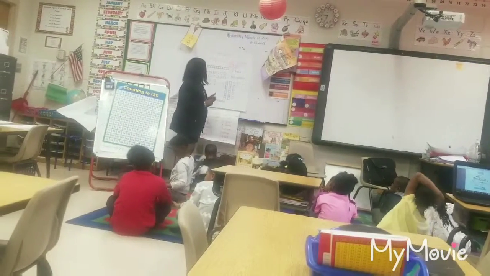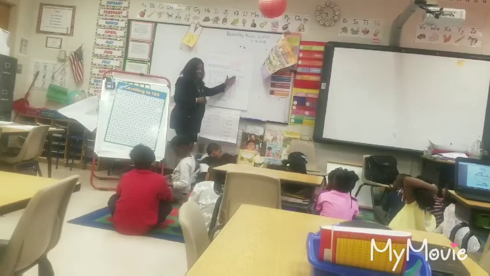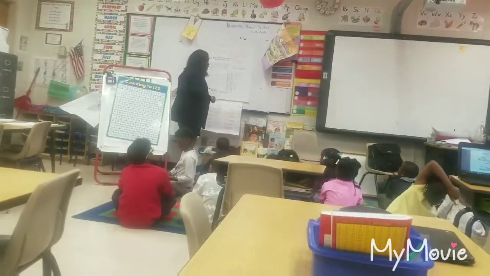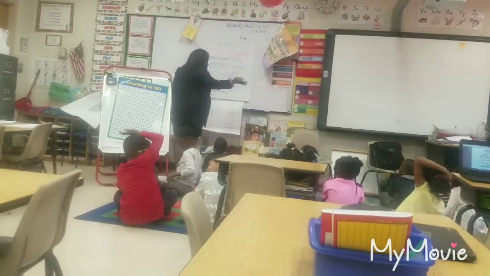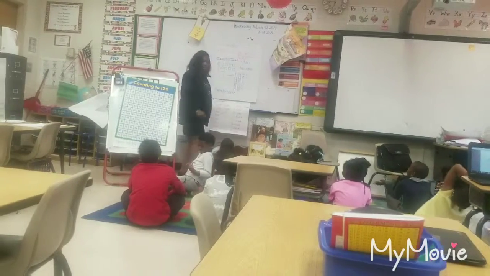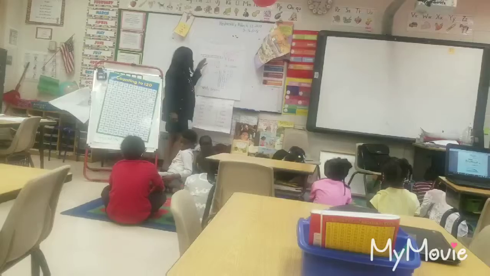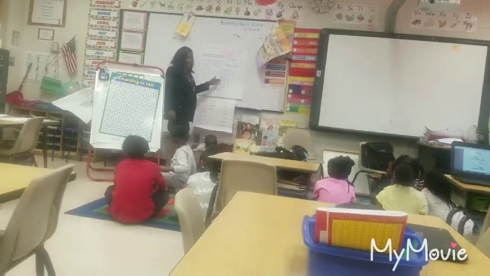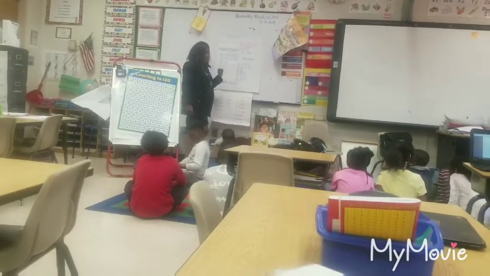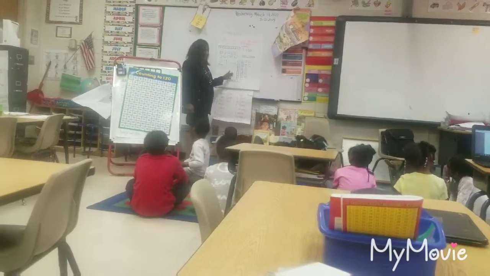If the position is in the ones position, which is always on the right side, it's going to be ones. If the number is on the left side, and there are just 2 numbers, it's going to be what? The tens.